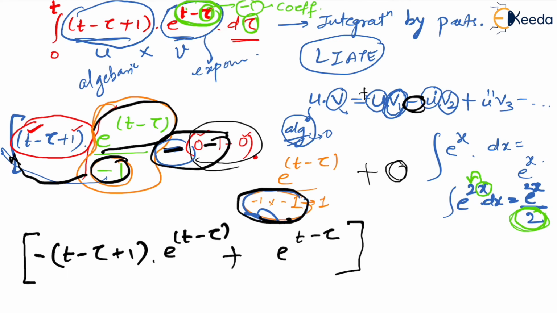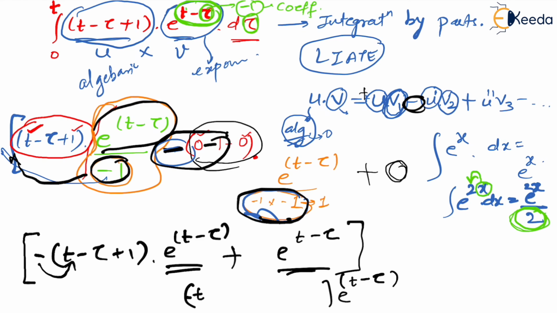Right. Now if I try to simplify this, what will I get? See, e to the power t minus tau has to be common. So yes, definitely e to the power t minus tau will become common. And inside a bracket, I can write that. Now this minus sign, if I send this minus sign inside, what do I get? Plus t will become minus t, right?